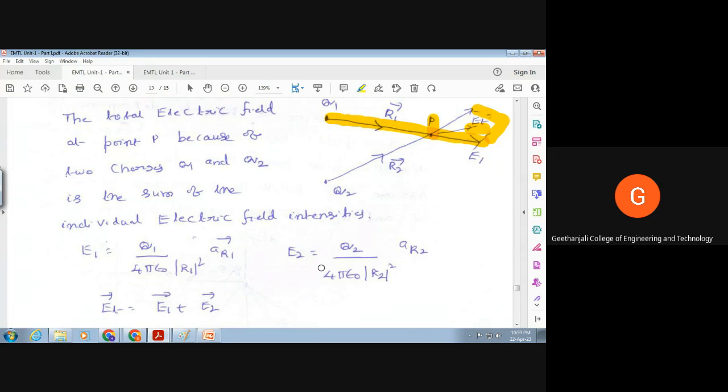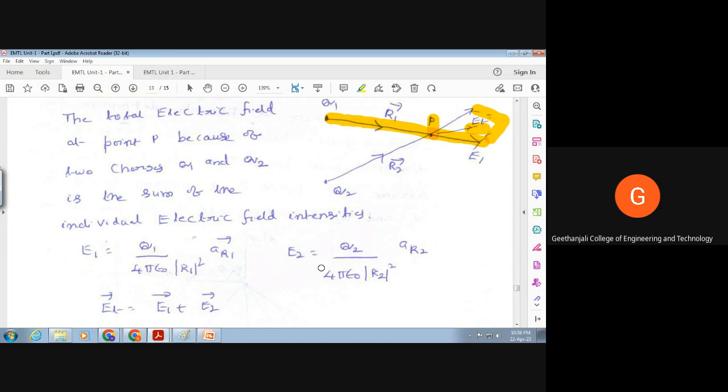Ultimately, at a given point P, we need to find the expression for the electric field intensity due to these charges, whether it is a point charge, line charge, surface charge or volume charge.